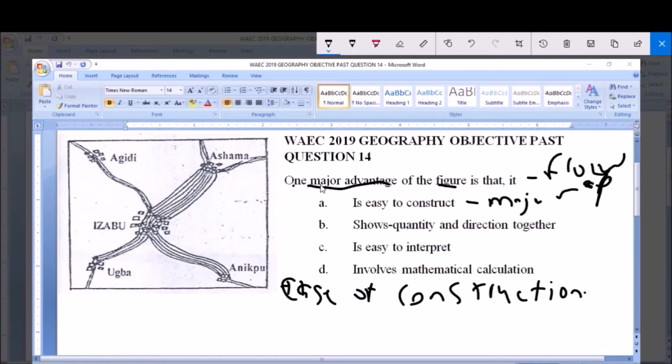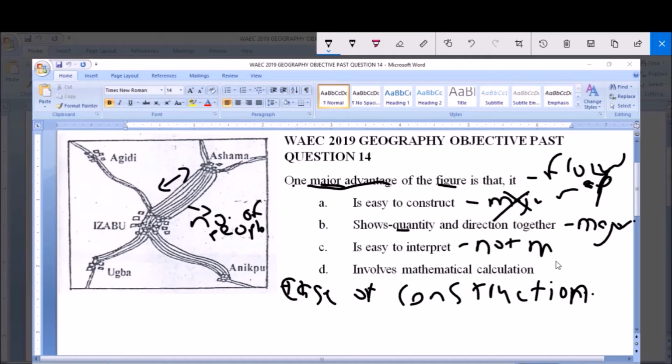So, for example, these lines between Izabu and Ashama show the direction of travel between these two towns. So this can be considered a major advantage. It is easy to interpret, also a very good advantage, but cannot be considered major. So that is ruled out. And then it involves mathematical calculation, which cannot be considered a major advantage. So the correct answer is B, shows quantity and direction together.